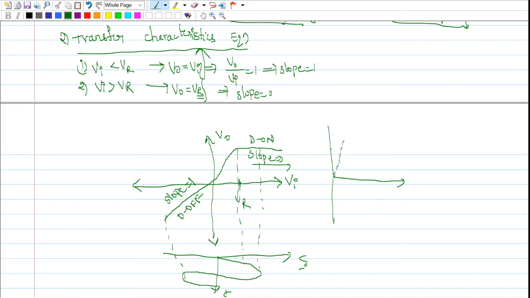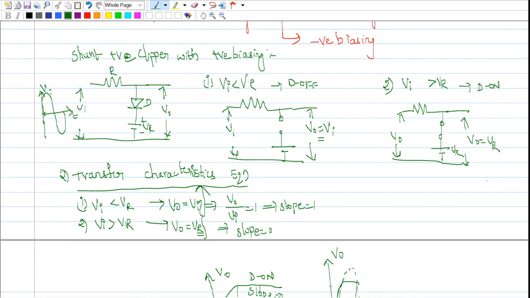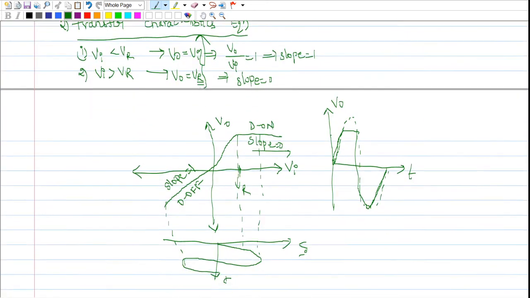This is the actual input signal, and this part is clipped, so we can get this type of waveform. Okay, clear? So this is about the shunt positive clipper with positive biasing.